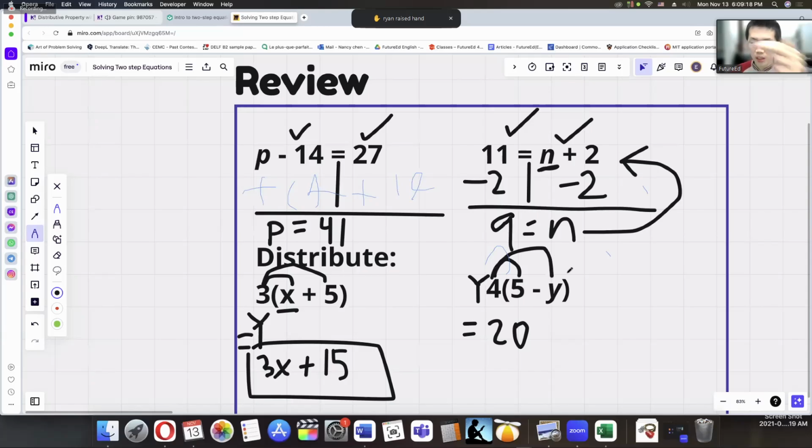So we shoot the 4 at the y. And notice there's a negative sign in front, okay? Whenever you see a negative sign, you've got to pay special attention. So if we have 4 times negative y, what's that equal to, Garrus?